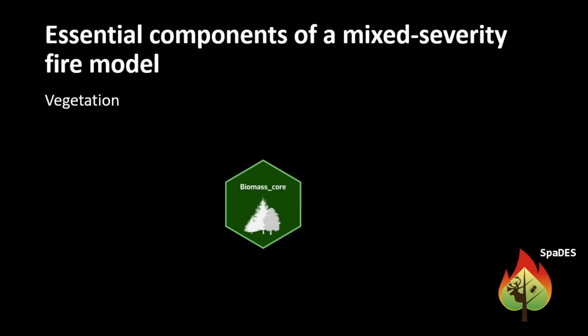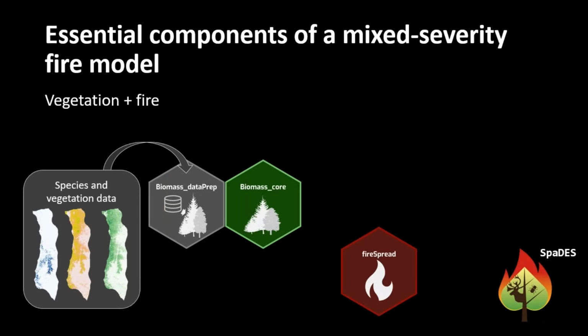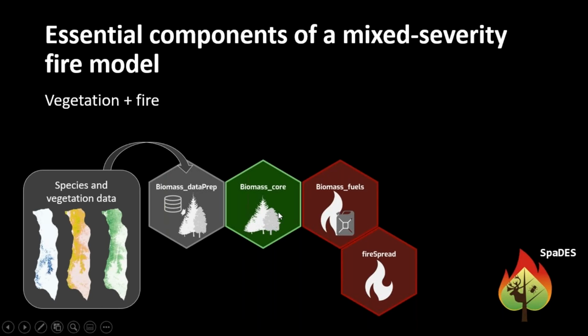is that we need a module that simulates vegetation dynamics, so what happens to the trees. And of course, this model relies on some data to put the trees in the places where they should be and have them behave in the way that we expect them to behave in terms of reproduction and mortality and so on. And then, of course, we need a module that spreads fire through the landscape, but it needs to know what is there to burn.